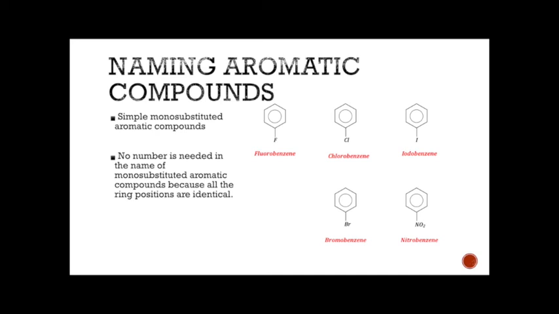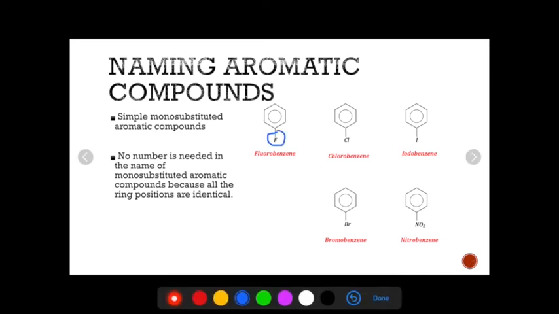Here we have fluorine attached to the benzene, chlorine, iodine, all attached to the benzene ring, bromine, and then NO2, which we call nitro, so nitrobenzene there. If you just have one substituent attached to the ring, there's no need to put the number of the carbon it's attached to, because it's always going to be carbon 1. It doesn't matter which carbon you show it on, that's always going to be carbon 1.